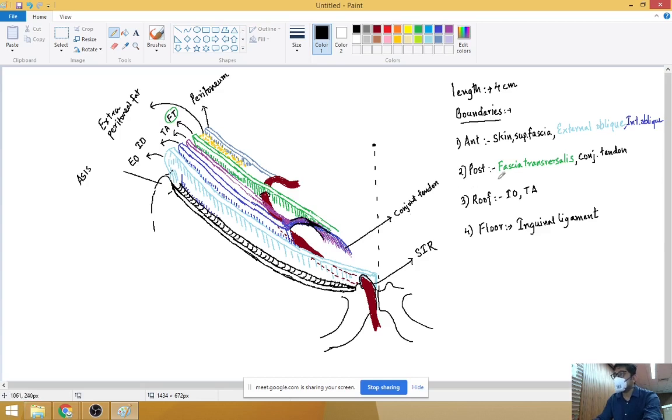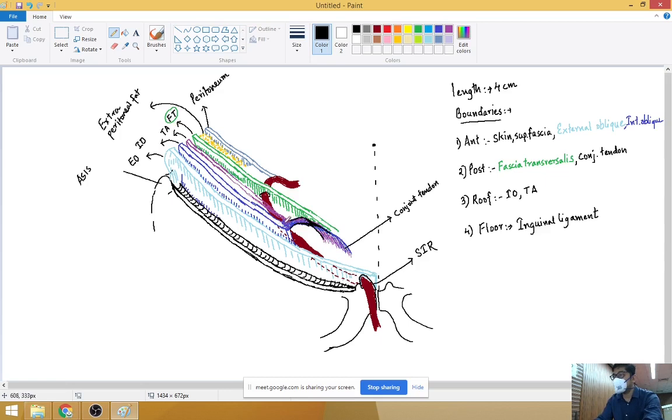Okay, posterior boundary all throughout. This is the fascia transversalis. All throughout fascia transversalis, and in the medial half, see, the inguinal ligament is from here. Canal is from here till here. So in the medial half only, the conjoint tendon is forming the posterior boundary.